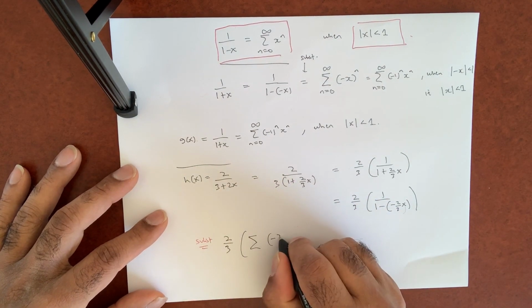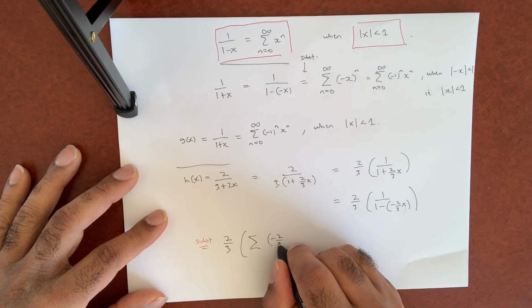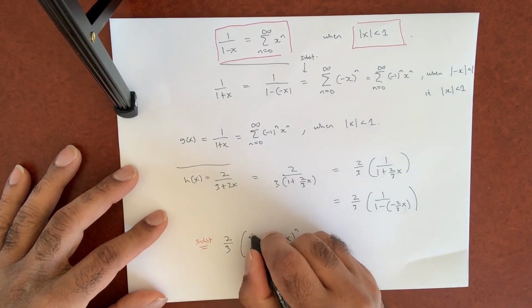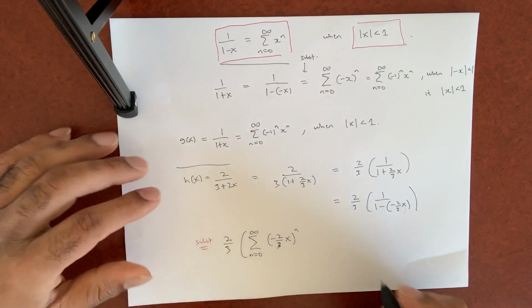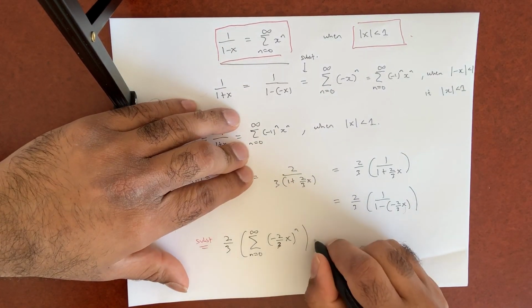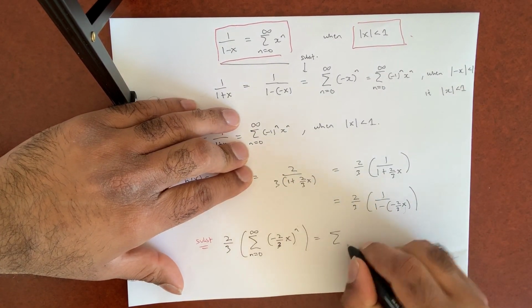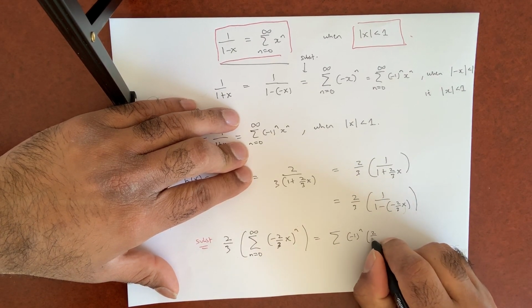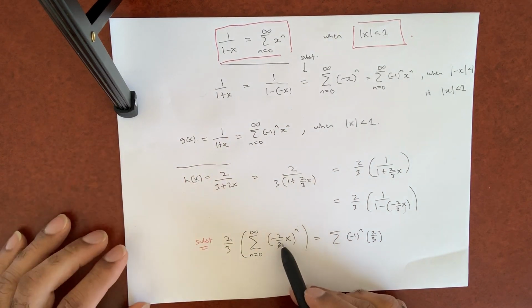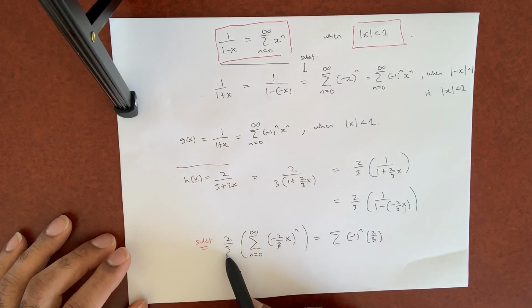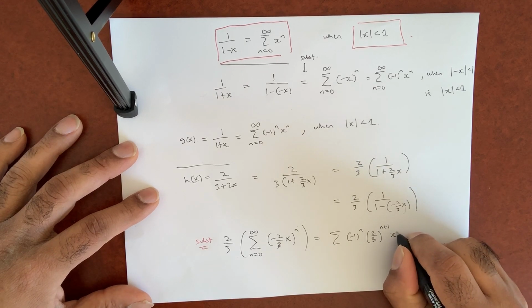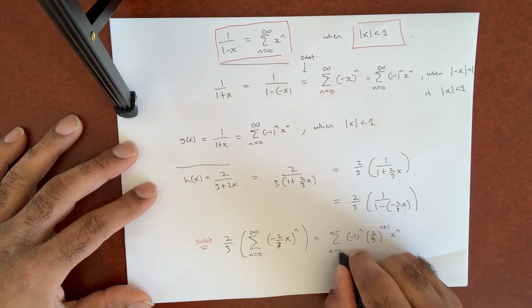So this is negative 2/3 x to the n, going 0 to infinity, which is the summation of negative 1 to the n, 2/3. Well, it was going to be 2/3 to the n, but there's this other 2/3 that's lying outside, so I'm going to make this to the n plus 1, and then x to the n.